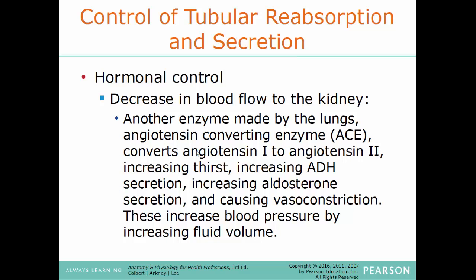Another enzyme made by the lungs, called ACE, angiotensin converting enzyme, will convert the angiotensin 1 into angiotensin 2. This will increase thirst, which will increase ADH secretion, which will increase aldosterone secretion, which will cause vasoconstriction. The whole point of all of this is to increase blood pressure by increasing fluid volume.